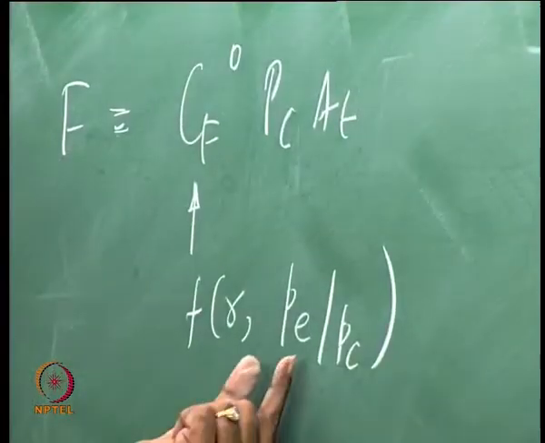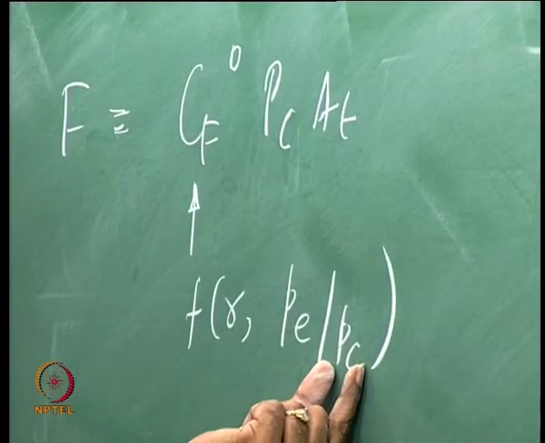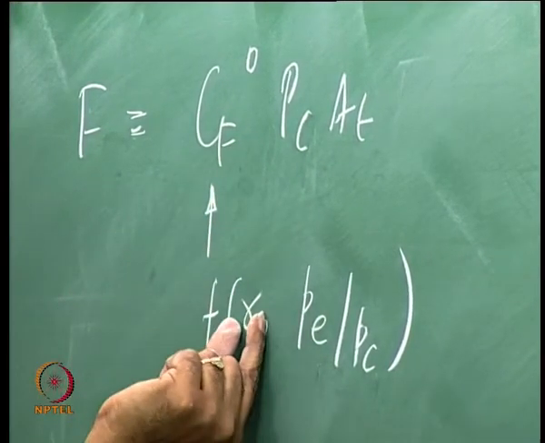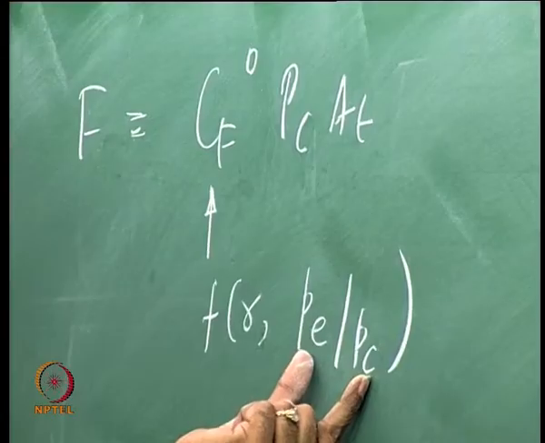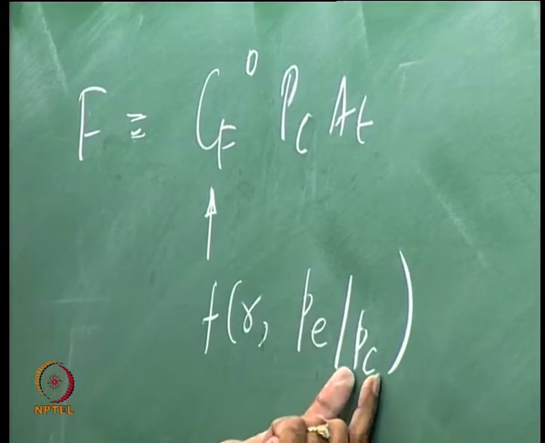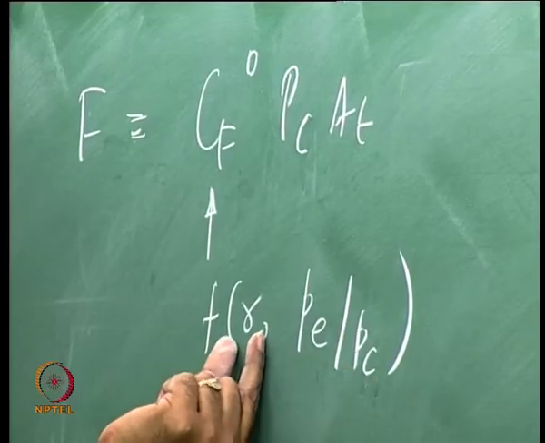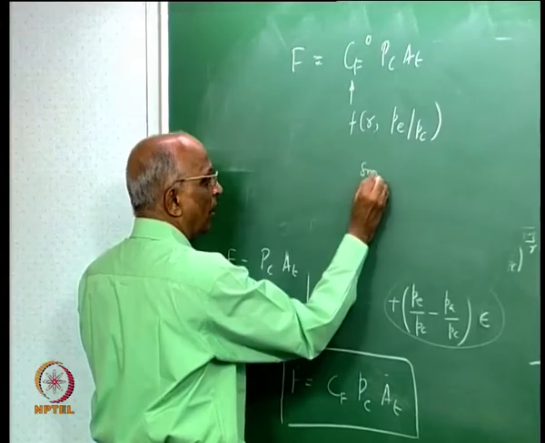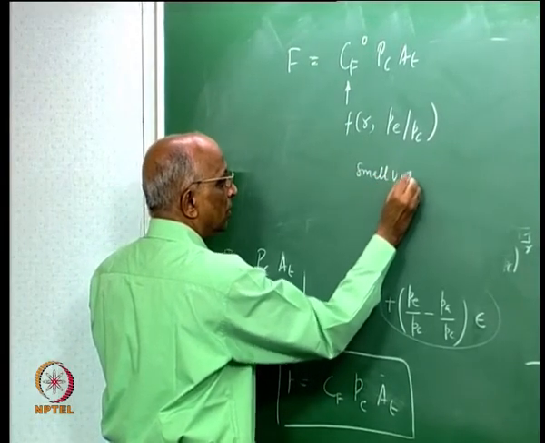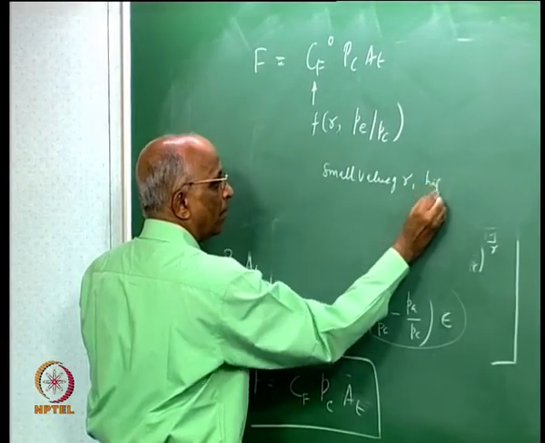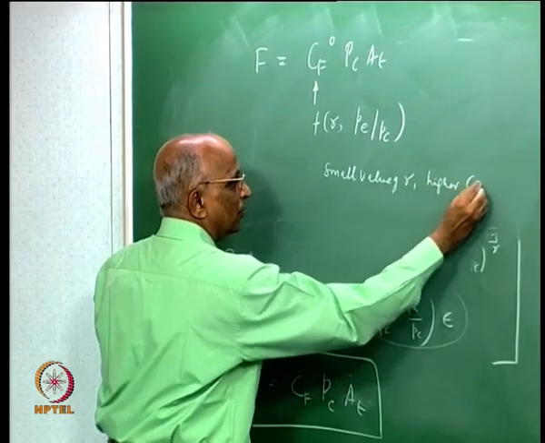A small value of Pe by Pc or a larger value of chamber pressure gives me a higher thrust coefficient. This gamma depends on this value. If this value is not small, like for instance I have a low chamber pressure, then gamma is not influential, but otherwise a small value of gamma will give me a higher value of Cf.